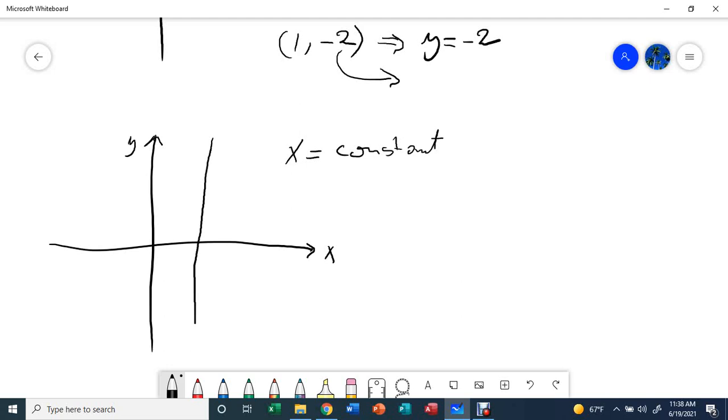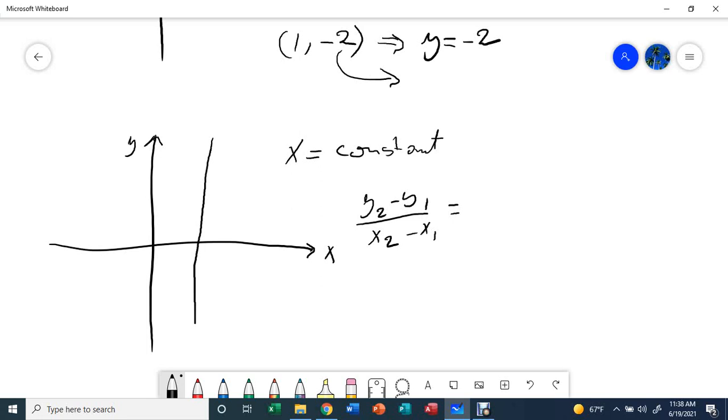And let's find out the slope of a vertical line using the formula again. So we have y2 minus y1 over x2 minus x1. And you can see y2 and y1 can be different numbers.